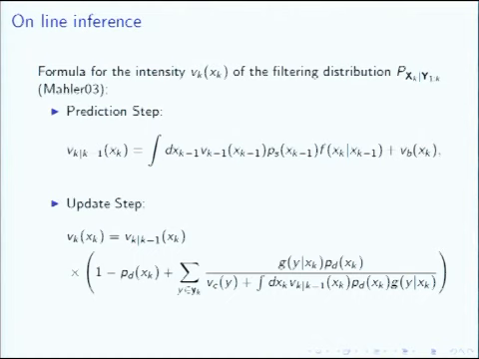Okay, a point to raise is that this doesn't look so different from your standard Bayes recursion. There is a prediction step and there's an update step. The difference with the Bayes recursion here is that this is not a probability density, it is unnormalized, and there are some parts hanging off it, like this additive term here.